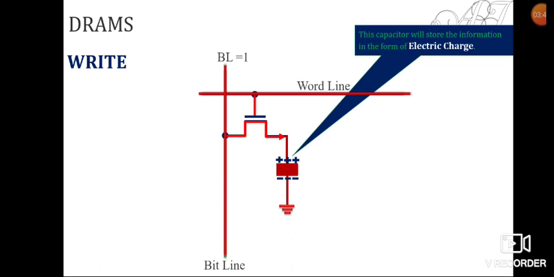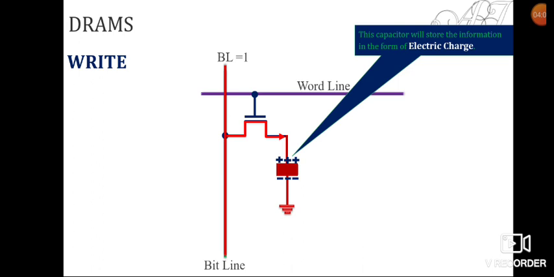Okay, now let's say your address decoder has deselected this. I have written whatever I wanted to, and now the address decoder will deselect this word line. So this word line is deselected now, and earlier we were having 1 at the gate, but now we are not, so the gate will be disabled.